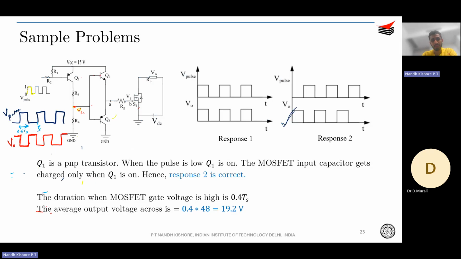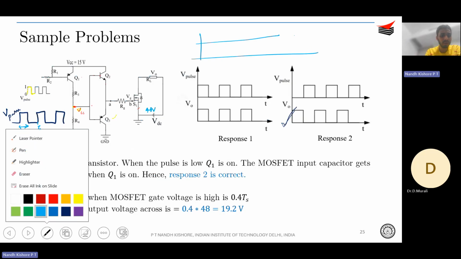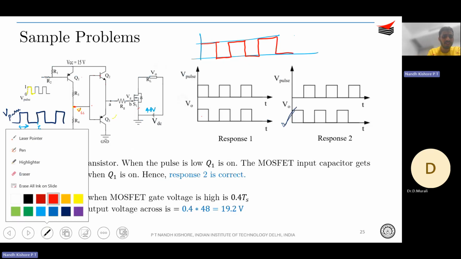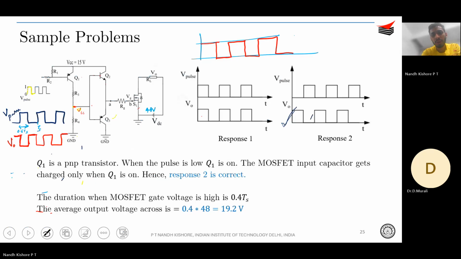When the device is on, you have 48 volts over here, and you turn on the device for 60% of the duration, right? So it would be 48, 0, 48, 0, 48, 0, something like this, correct? If you average it out, you're going to have a voltage of 48 into D, right?